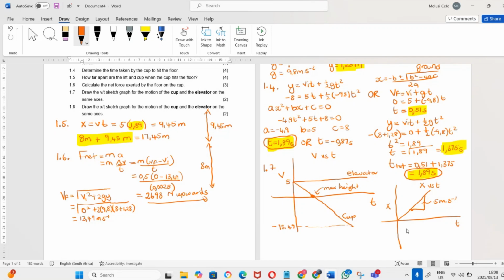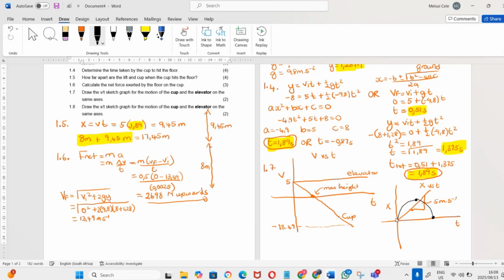And lastly, the cup. Remember the cup? The cup first goes up, and it's slowing down, and we chose up as positive. So the cup goes up first, like this. It reaches maximum height, and then it goes down.